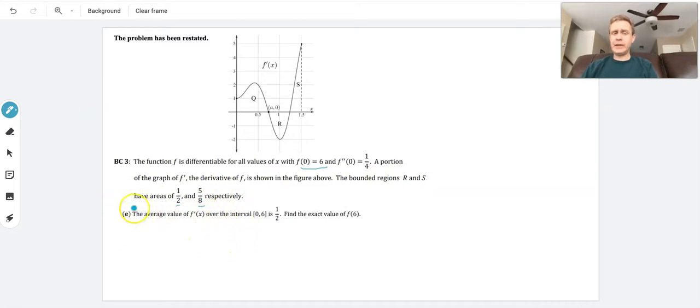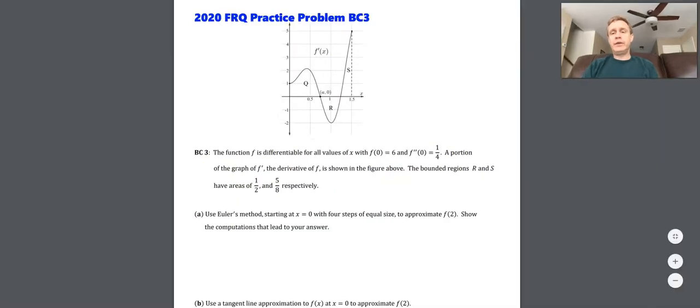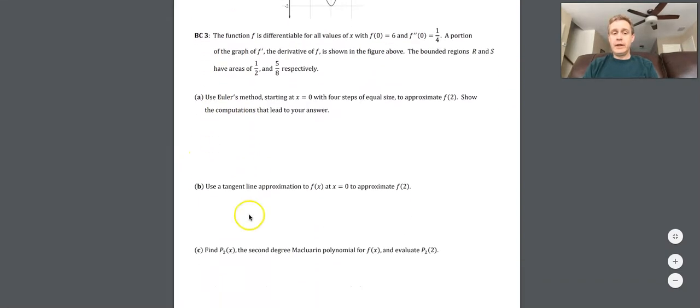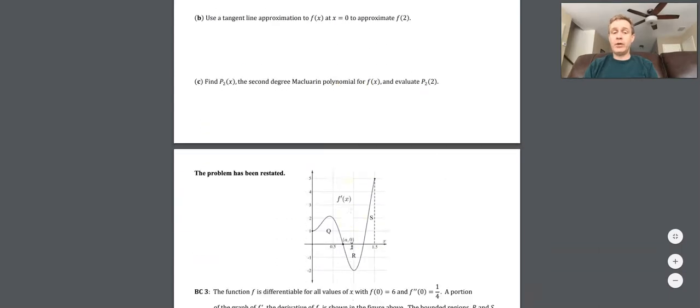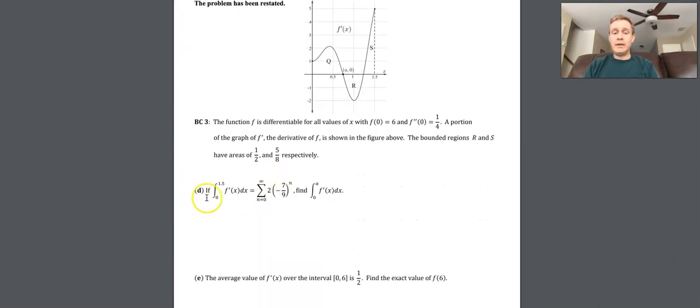Now, this is part E of this particular problem, and I just want to highlight that on your AP exam, this is technically the whole problem, where there was a part A that asked you to use Euler's method, a part B that asked for a tangent line approximation, a part C that asked for a second degree Maclaurin polynomial, and a part D where you're asked to evaluate a definite integral, but in the process you're dealing with this series.